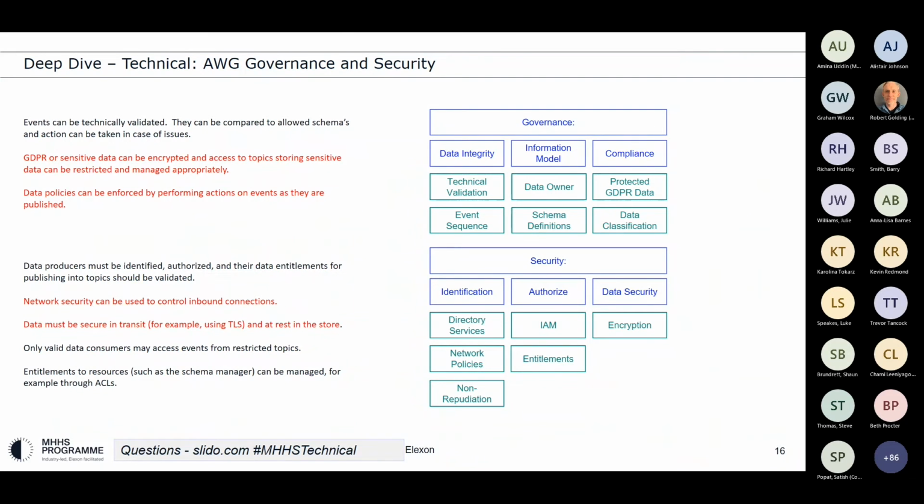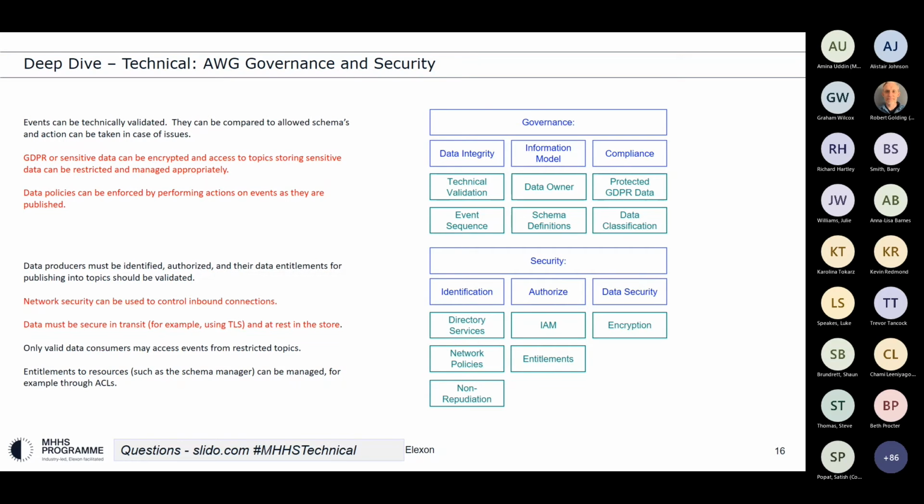So I was going to start off with a little bit of background, as Rob did earlier, on what came out of the AWG in terms of security requirements, which on this slide, as you can see here, goes through data integrity, information model compliance, all the GDPR and data classifications, identification, authorization, and data security, IAM.